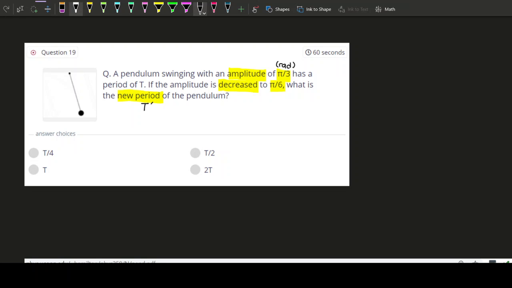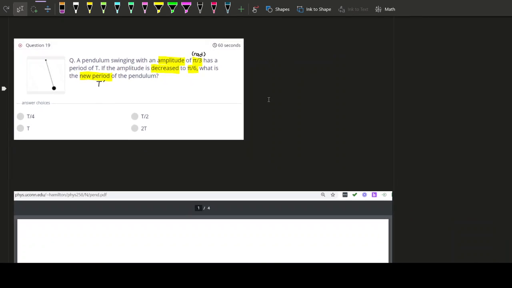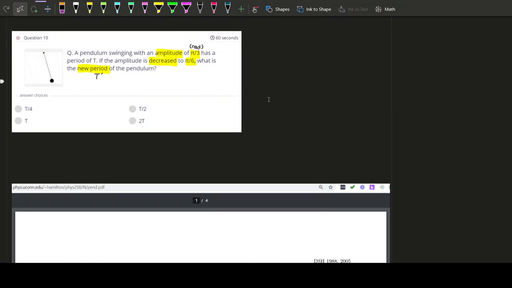Okay, so the situation here is, let me zoom this out a little. Initially you have a pendulum swinging with an amplitude of pi over 3 radian. If you convert it, it will be 180 divided by 3 degree, so it's 60 degree actually.